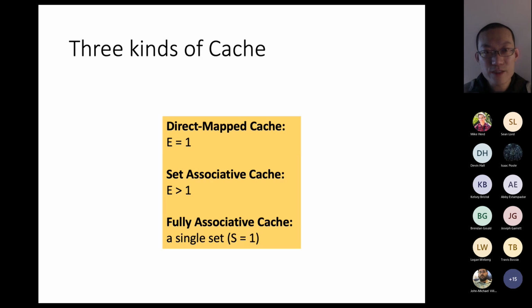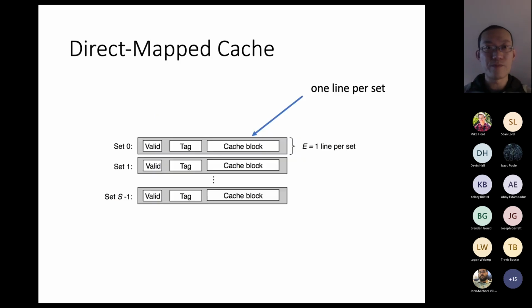In this kind of cache, we have multiple lines per set. And the last kind is the fully associative cache. This cache has just 1 single giant set, and we have multiple lines in this set. So the set number for this cache is 1.